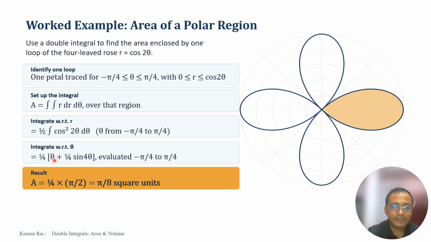In this way, integrate with respect to theta again like before, and there is 1/4 theta plus 1/16 sin 4 theta, evaluated from -pi/4 to pi/4. At last the result will be A equal to 1/4 times pi/2, that is equal to pi/8 square units.